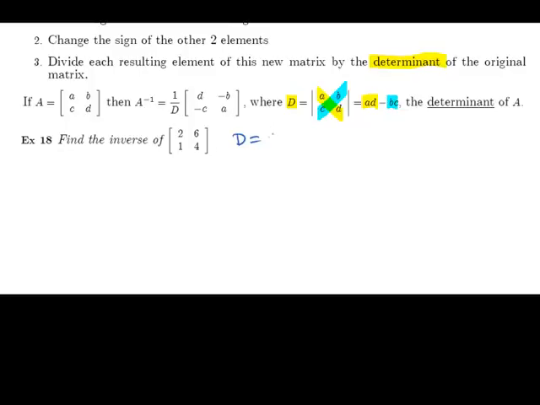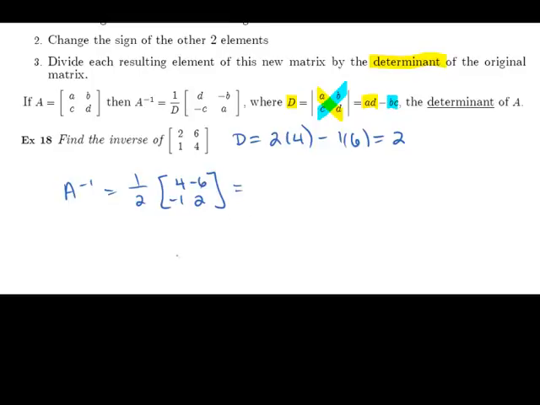So the determinant is going to be 2 times 4 minus 1 times 6, which is 2. So we are going to have 1/2, because 1 over our determinant. We're going to switch 2 and 4, and we're going to change the signs on the 6 and the 1.